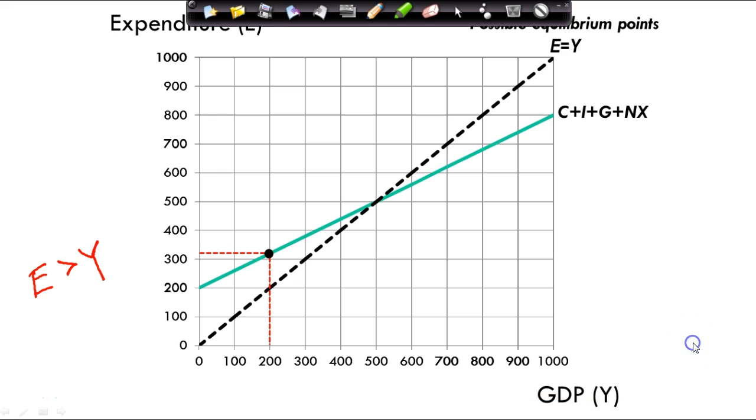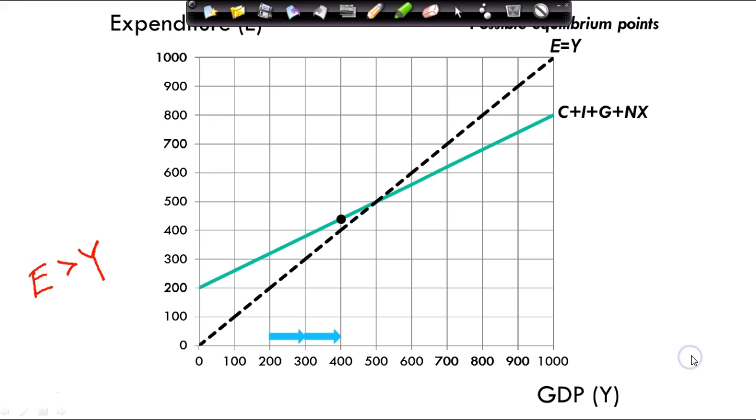They increase production, incomes increase, and as incomes increase, we know that expenditure will increase. We'll move further along the expenditure line. But we can still see, it's still the case in that situation, that expenditure is still greater than income. Not as much as before, but it's still greater, which encourages further increases in production.